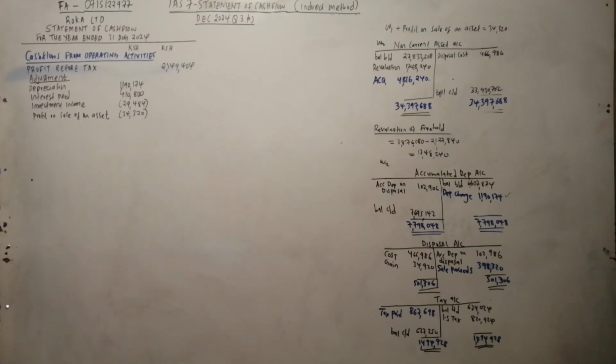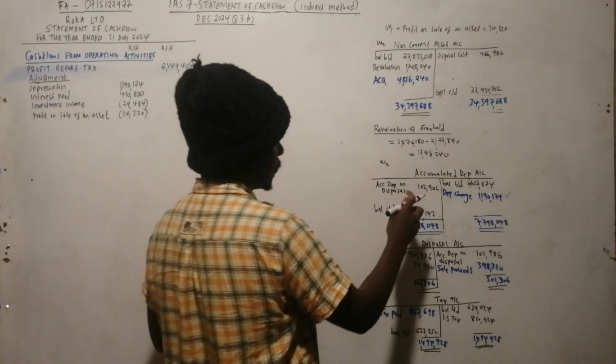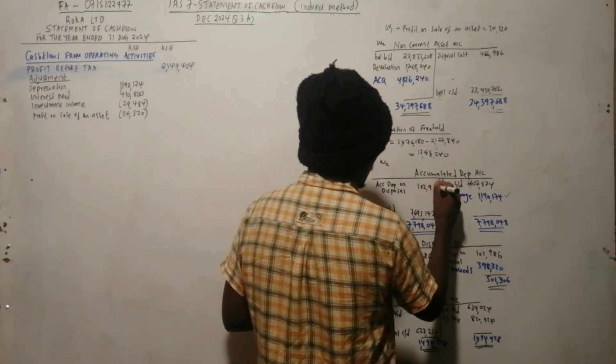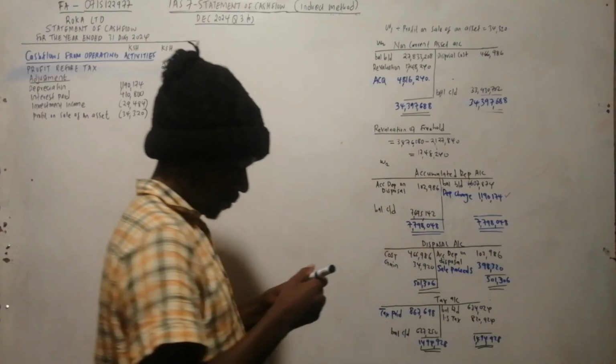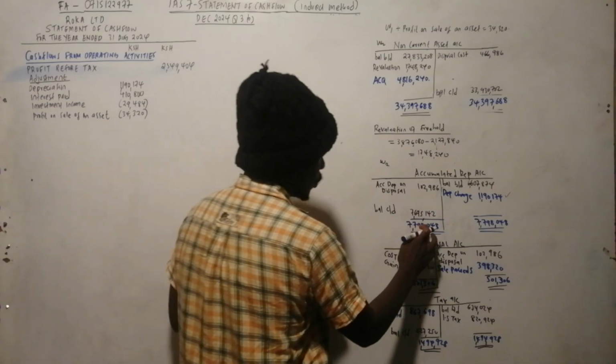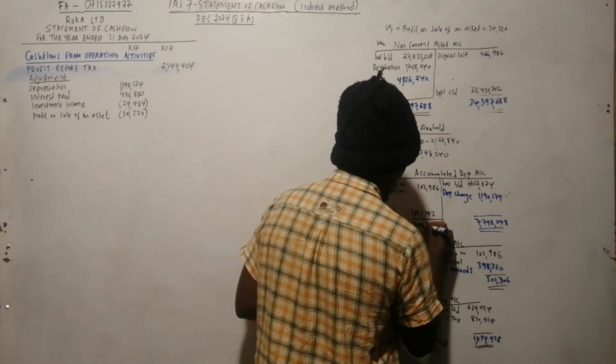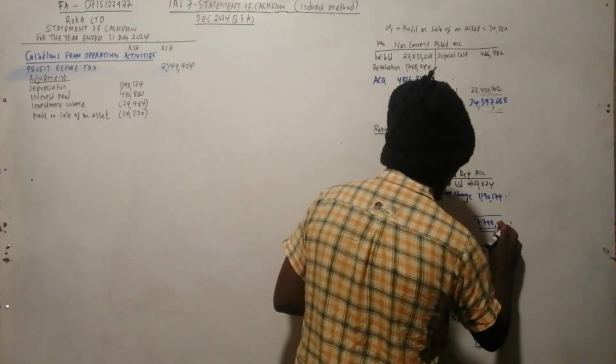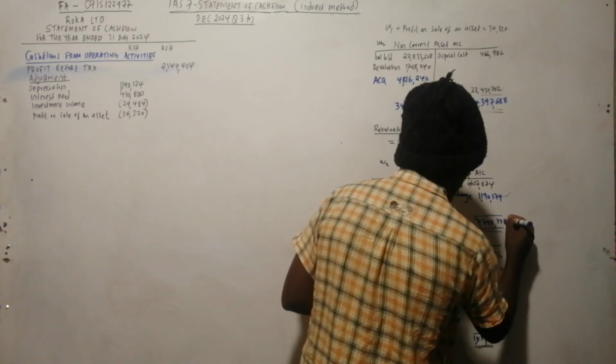So let's correct this one. This is supposed to be 102,986. There was an error. So 102,986 plus 76,095,142 inakuwa 798,128. That's supposed to be 128.